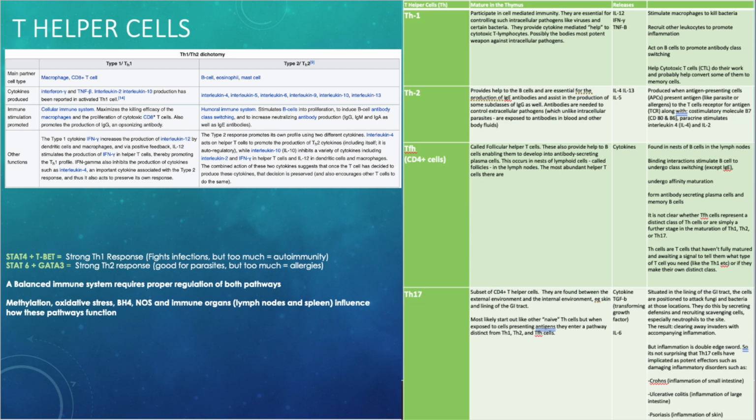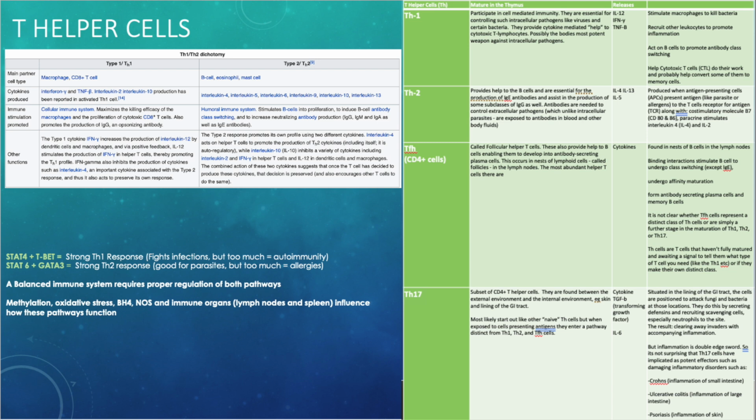So Th1 participates in cell-mediated immunity. They are essential for controlling intracellular pathogens like viruses and certain bacteria. They provide cytokines to help cytotoxic T lymphocytes, possibly the body's most potent weapon against intracellular pathogens. They release interleukin 12, interferon gamma, and tumor necrosis factor beta.